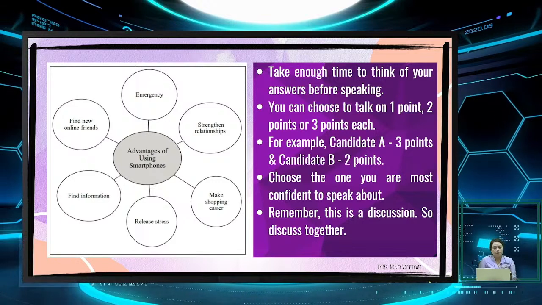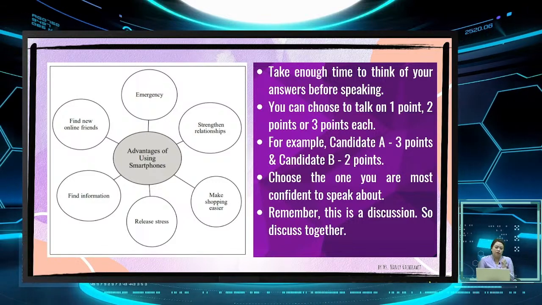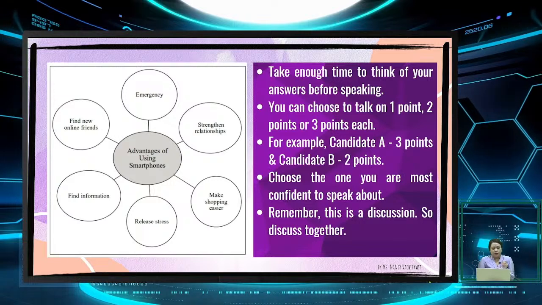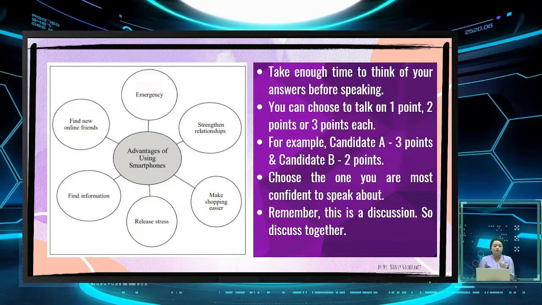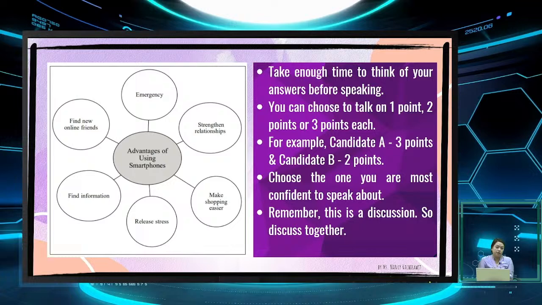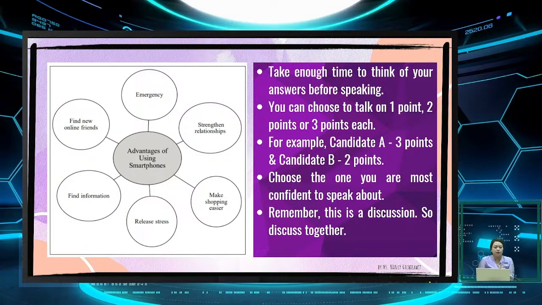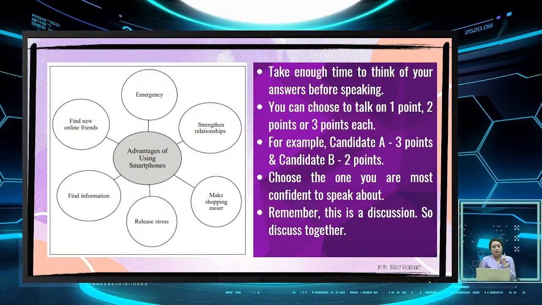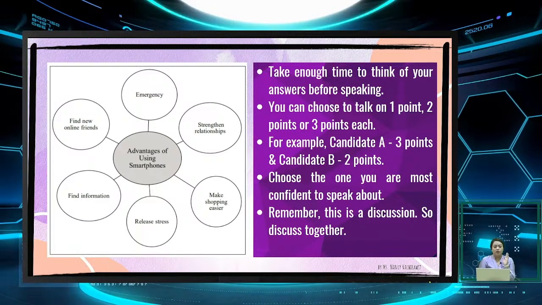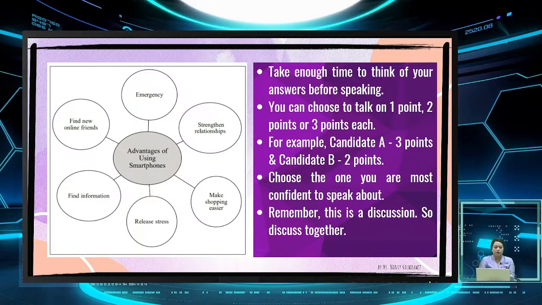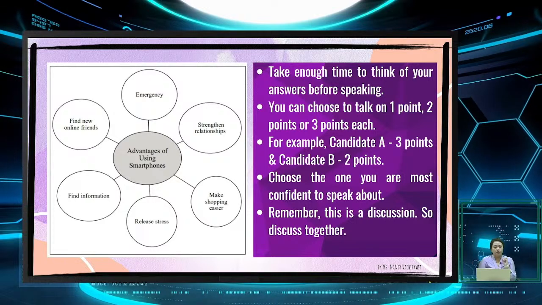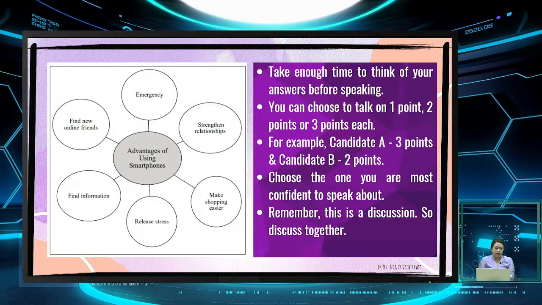No. It depends on you, depends on the student. If you have points, for example, you can speak confidently on 3 points, then you choose 3 points. But if you can only speak on 1 point with enough elaboration and enough examples, and you are very confident, then you choose 1 point only. Right?